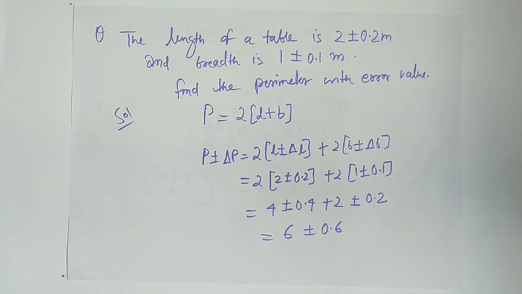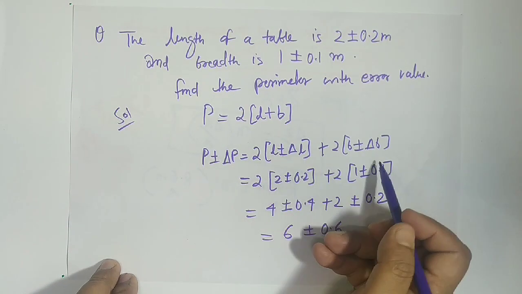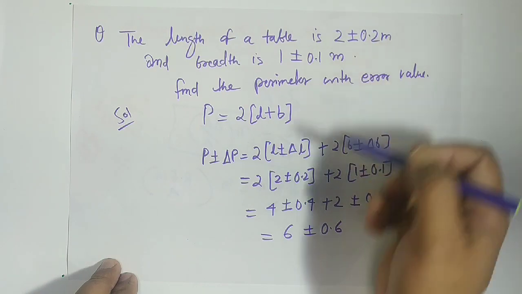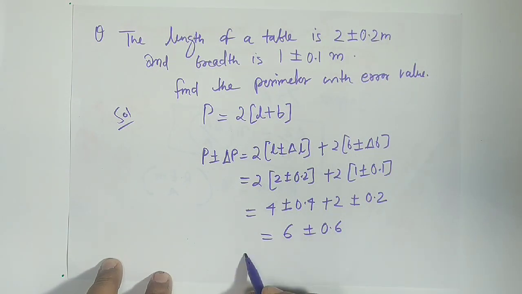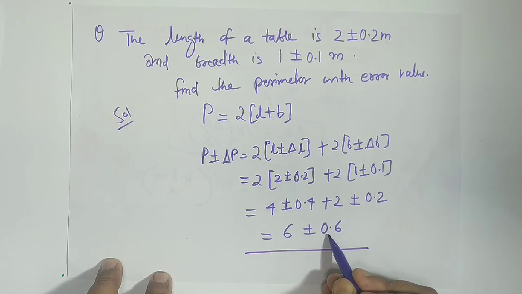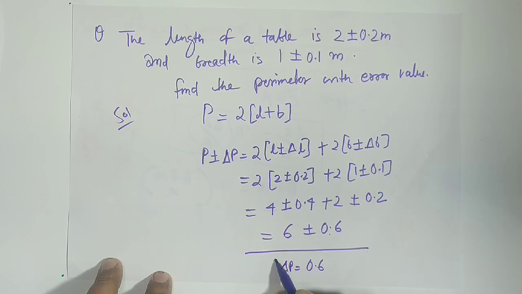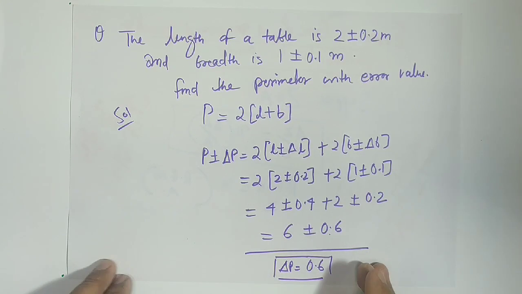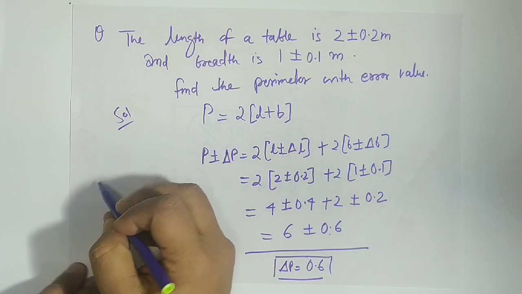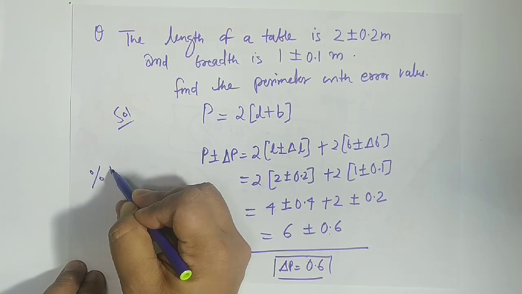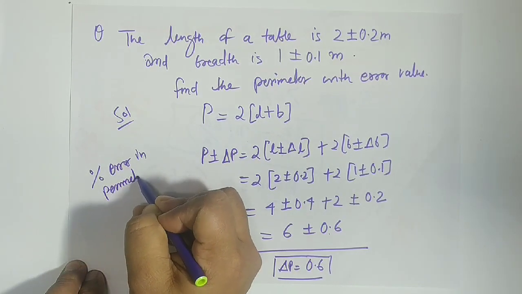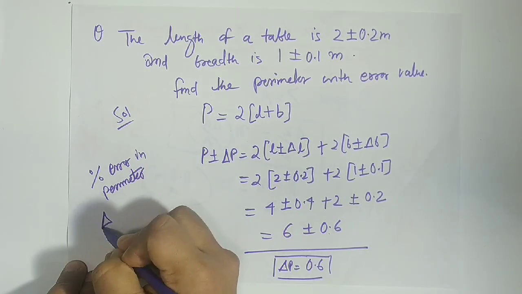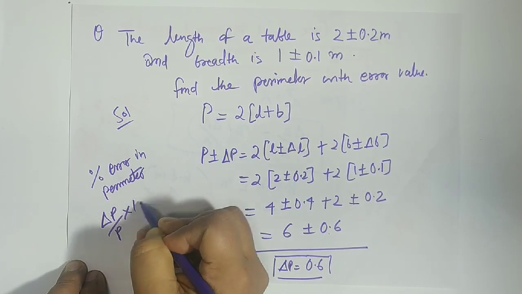Are you getting it or not? Twice of length plus breadth, so simply 2 plus 1 is 3, 2 threes are 6, and 0.2 plus 0.1... this will be the error. 0.6 is actually the delta P for the perimeter. So this is how we get it. And a very interesting thing: if I say percentage error in perimeter, remember, it will be delta P by P into 100.